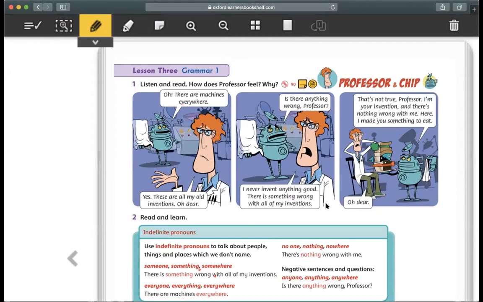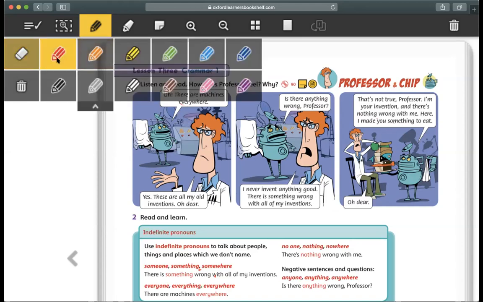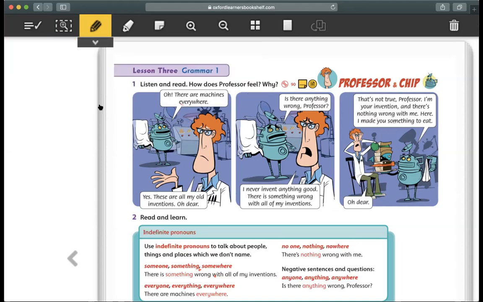In this dialogue, we have some indefinite pronouns. So let's underline them together. So here, the first one, everywhere. Okay. Anything, because it's a question. Negative one, invent anything good.